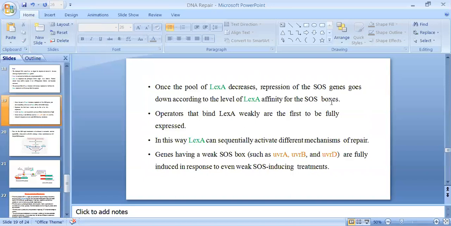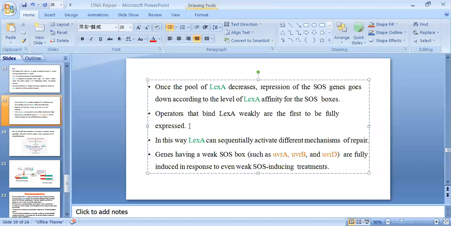I will come to that later. In this slide you can see that operators that bind weakly are the first to be fully expressed. In this way, LexA can sequentially activate different mechanisms of repair. Genes having a weak SOS box, such as these three very important genes, UvrA, UvrB, and UvrD, are fully induced in response to even weak SOS-inducing treatment.